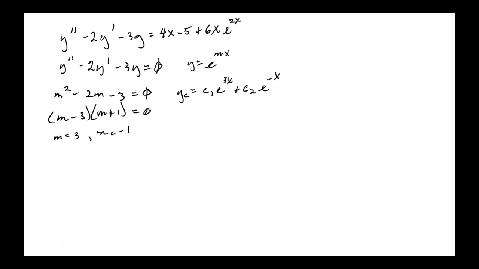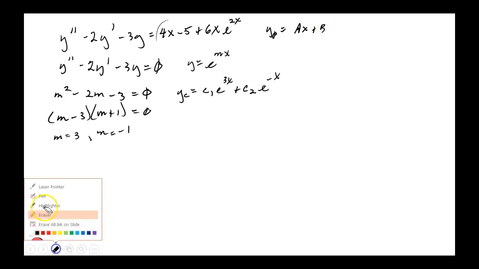Okay. Now the tough part comes. What in the world can we use for our particular? Well, here's what a first guess would be. Y sub p. Now, this has a polynomial part. So let's say ax plus b. Okay.